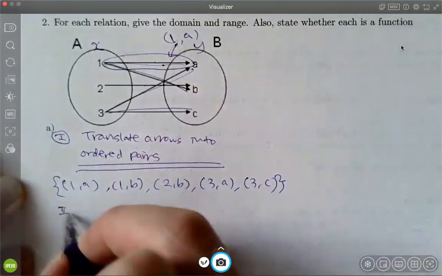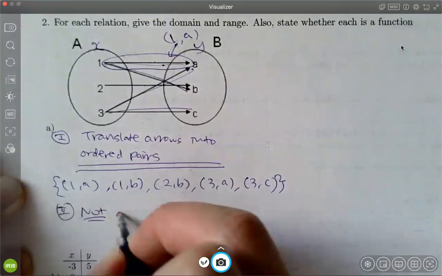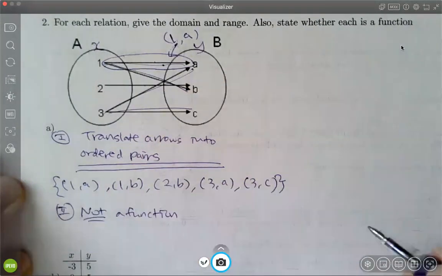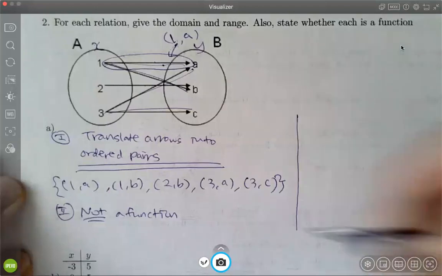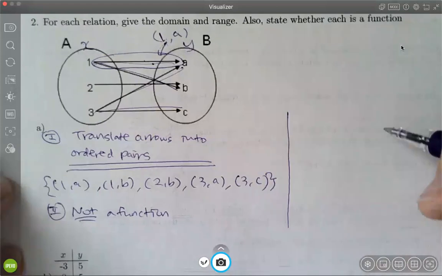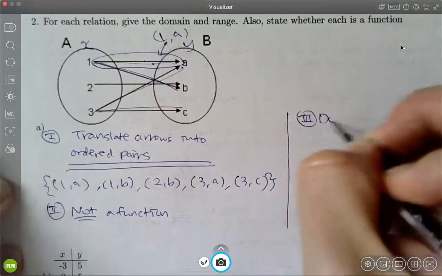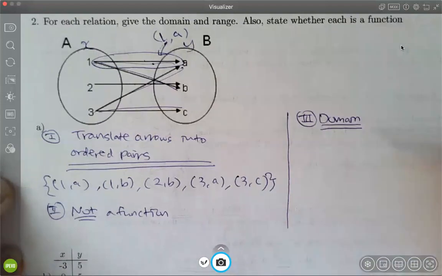So it's not a function, since 1 and 3 repeat. Now, even though it's not a function, can we still find the domain and the range? Yeah, because the domain and the range have nothing to do with whether something is a function or not.